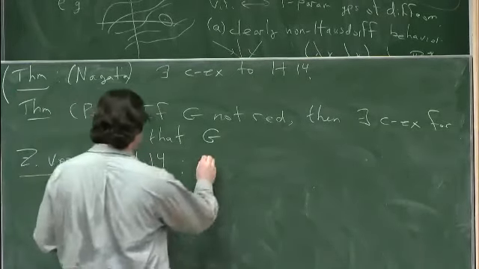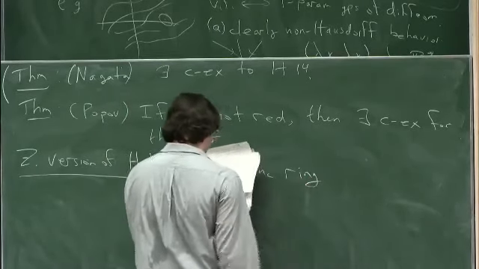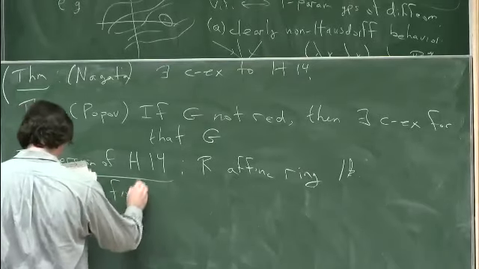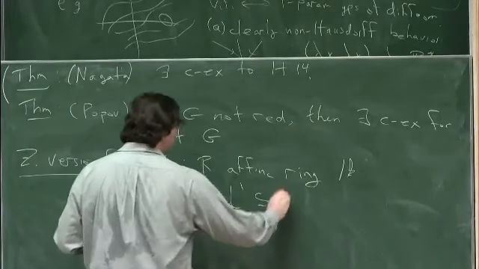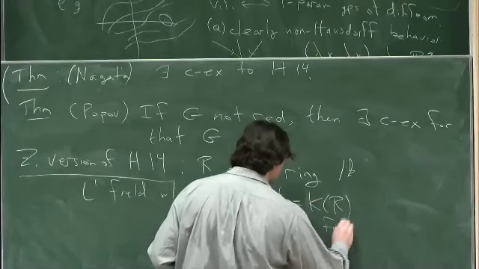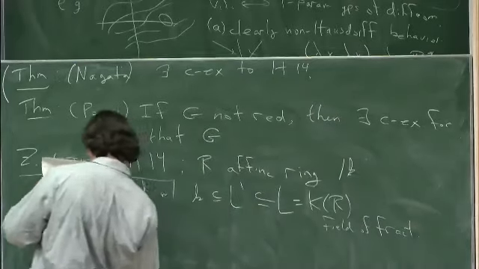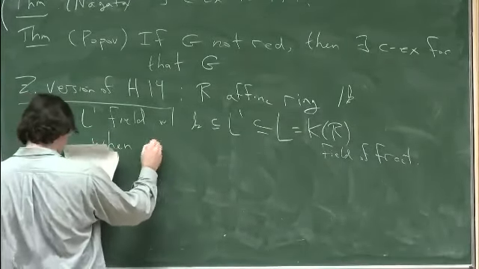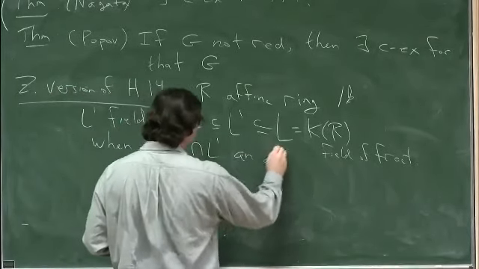So we'll say that if R is an affine ring over K, and L prime is a field with K contained in L prime contained in L, which is the field of fractions of R, all right, then when is R intersect L prime an affine ring?